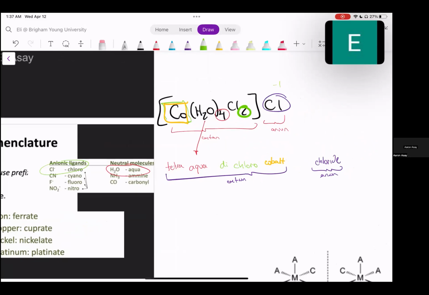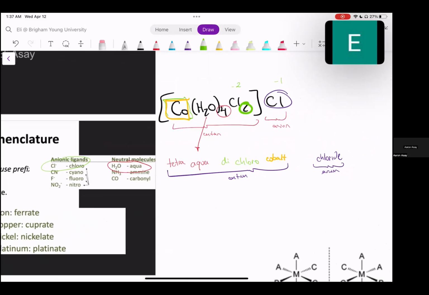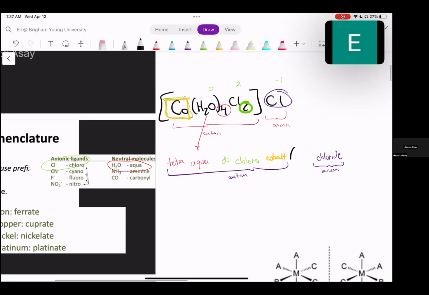We know that this is going to contribute a -1 charge, and then this is going to be a -2 charge. The waters altogether are going to be a 0 charge. So we know that our cobalt is going to have a charge of 3 in order to counteract all of these negative charges given by the chlorine. So we are going to add the oxidation state right there.